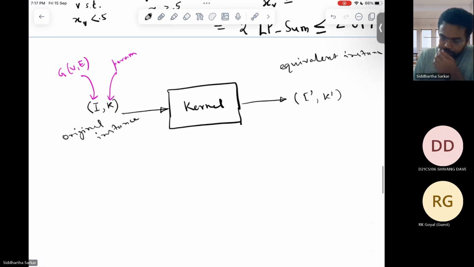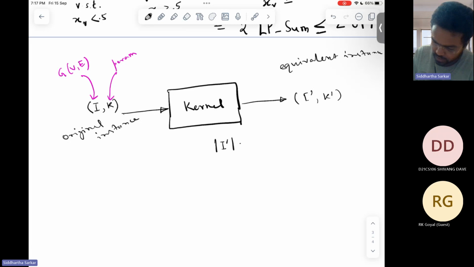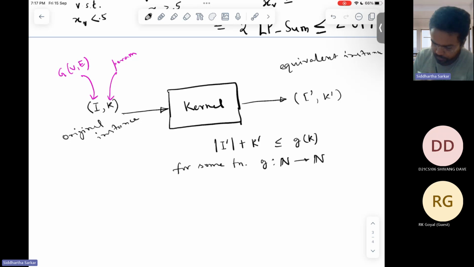What is the characteristic of this equivalent instance? It is a reduced instance in the sense that the size of the equivalent instance plus k dash is bounded by some function g of k. g is some computable function that goes from the set of natural numbers to the set of natural numbers.